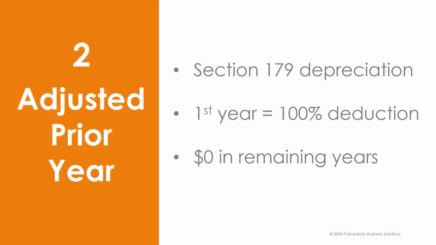Even though the tax accountant is not aware of what's going on in your business the current year, they know that this is going to have a big impact on your business and your taxes, because this is guaranteed to happen. 100% in the first year, 0 in the second year. And so this can have a very big impact on your cash flow and your income taxes that are due.